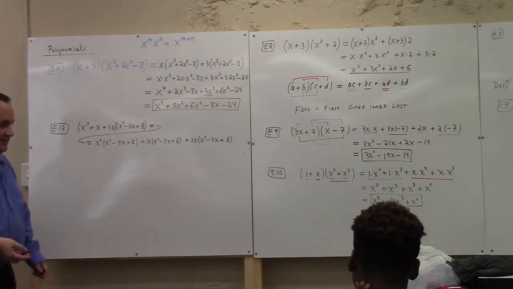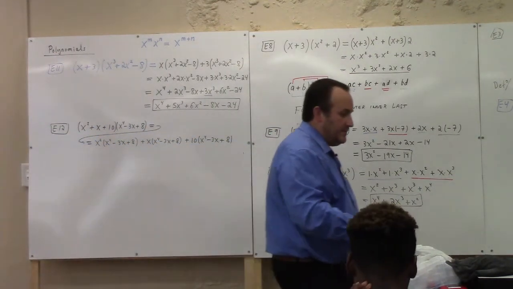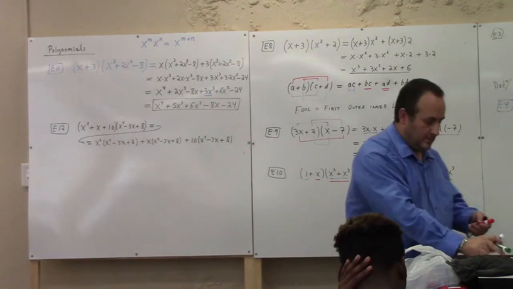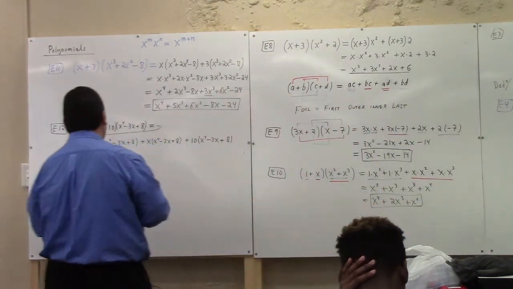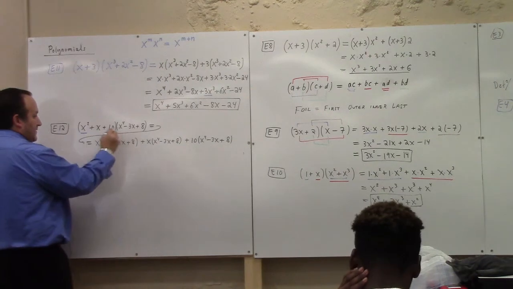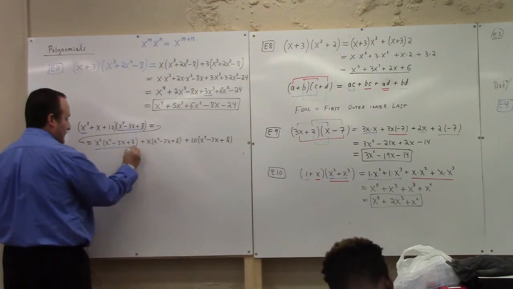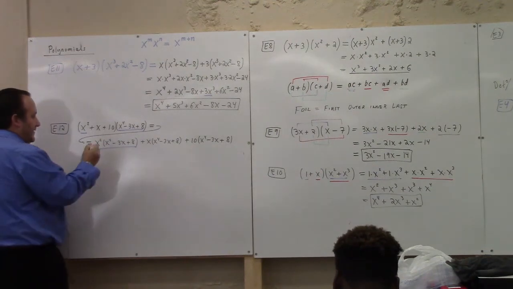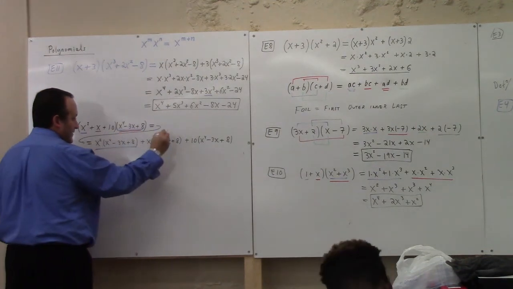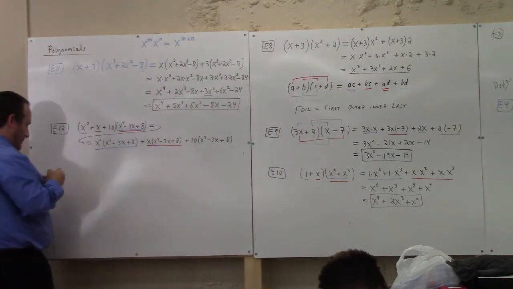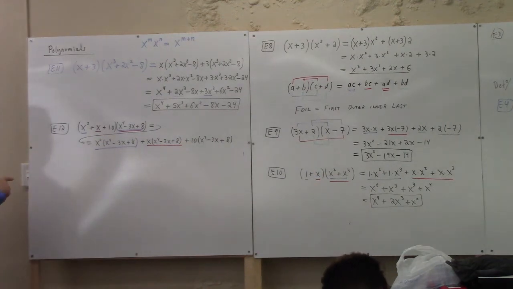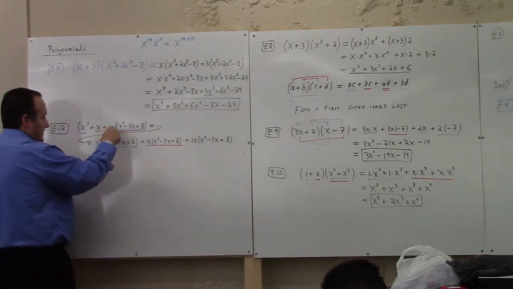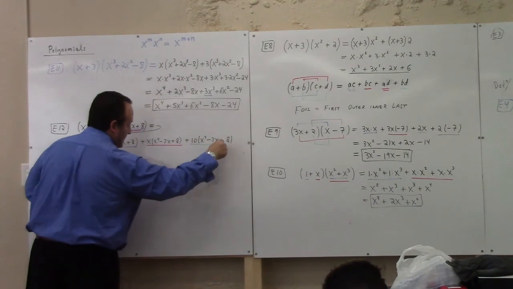I'll do color coding to emphasize what I just wrote. This guy times that gave you all these terms. This guy times that gave you these terms. And finally, this guy times that gave you these terms.